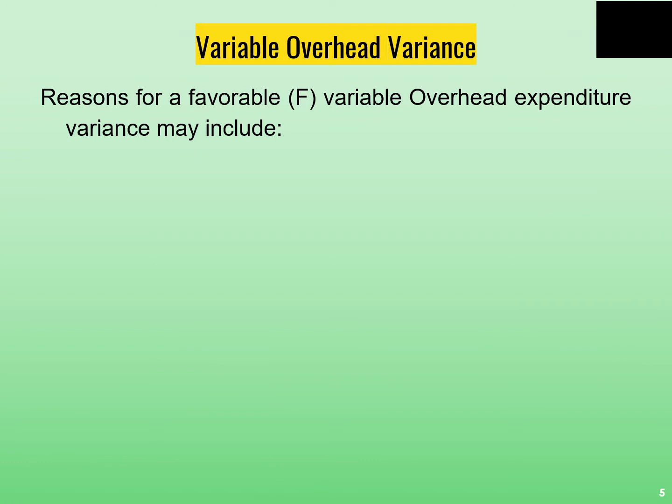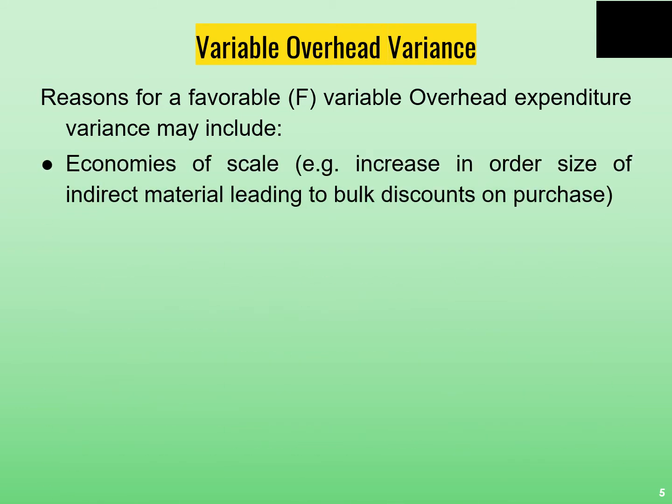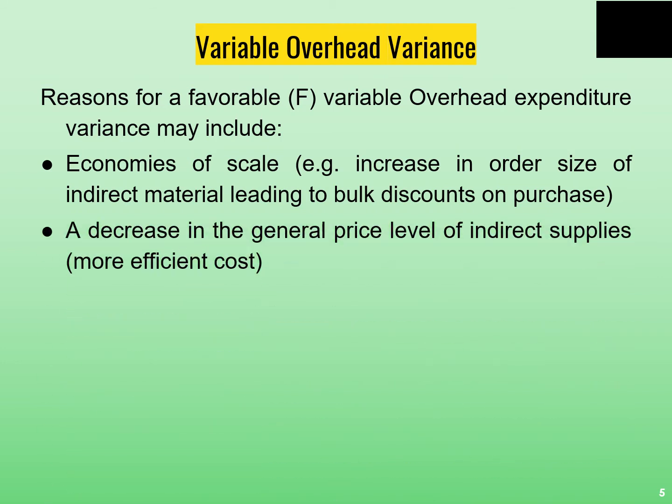Reasons for a favorable variable overhead expenditure variance may include economies of scale. Example, increase in order size of indirect material leading to bulk discount on purchase. A decrease in a general price level of indirect supplies, more efficient costs.